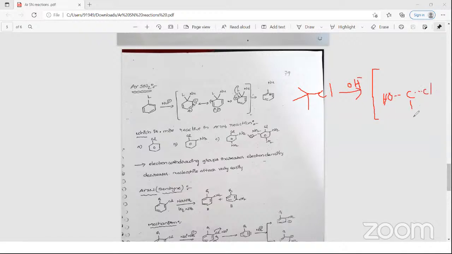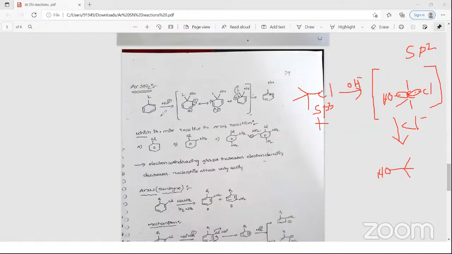What is the hybridization of this one? This carbon is sp2 in the transition state. It is an sp3 hybridized carbon originally, and this is an sp2 hybridized carbon. Why is it sp2? Because we require a plane in the middle and p lobes on both lateral sides of this one. Then only it is possible. Then it is going to leave the chlorine. Chloride is removed and finally it forms a Walden inversion. OH is formed on the other side. If we start with a dextro compound, you are going to get levo. But one thing is, it should be chiral. If you want to say it as plus, it should be chiral.